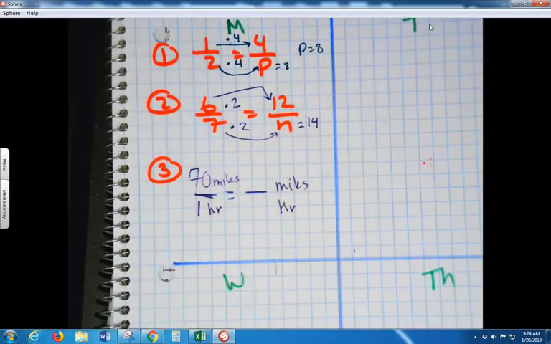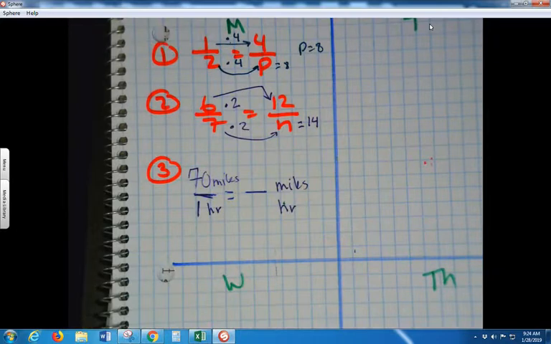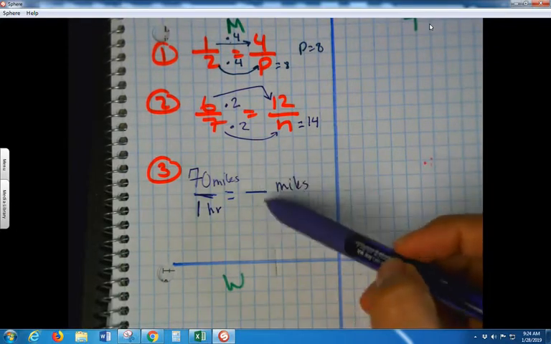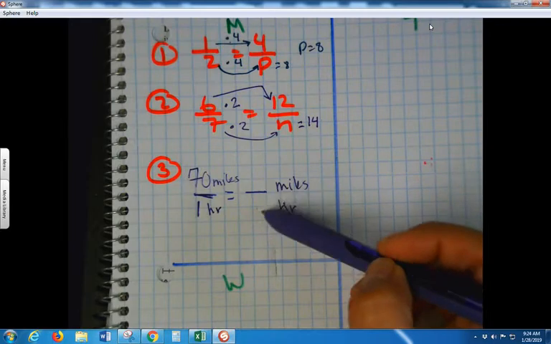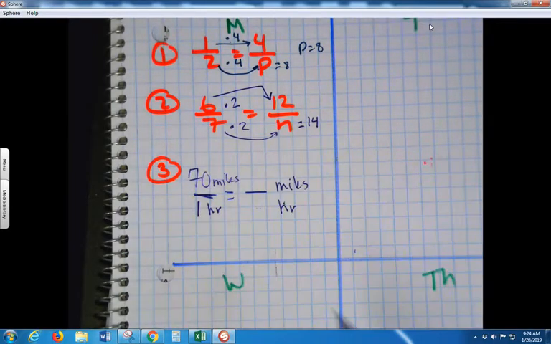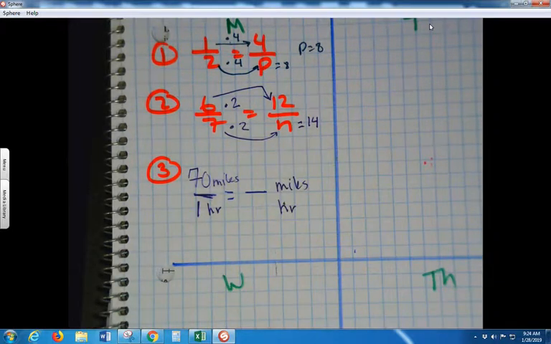Read to yourself the question again and figure out, how can I fill this up? I'm not looking for what you do. I'm looking for how you fill this part. What do I fill them out with? Miles, you do X or a variable?